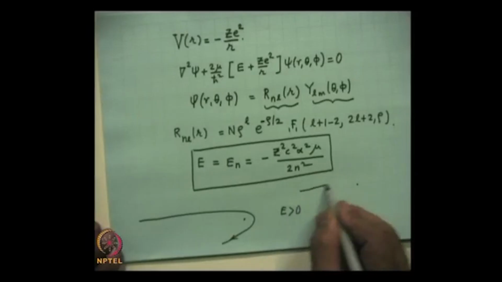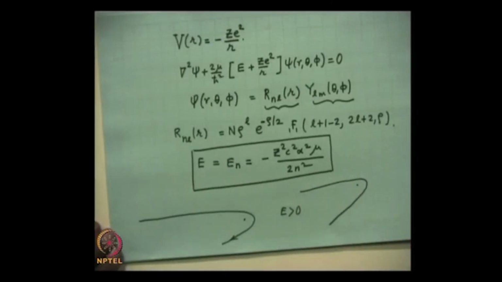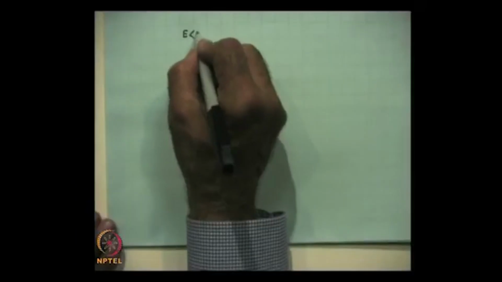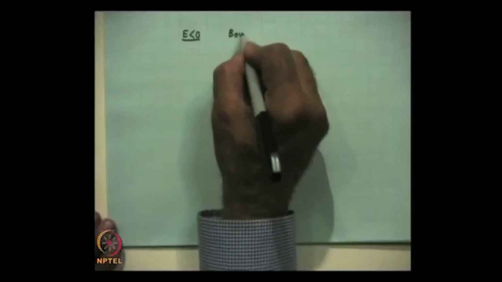Even in planetary motion, you can have an object which comes near the sun and gets scattered, and then there is Earth which is bound to the sun, rotating in an orbit. So, even in the hydrogen atom, in both cases we have an inverse square law. In quantum mechanics also, there are two types of solutions. One corresponds to E less than 0. Those are the bound state solutions.